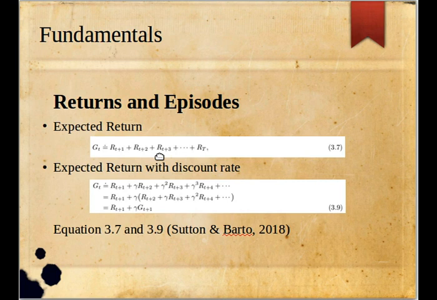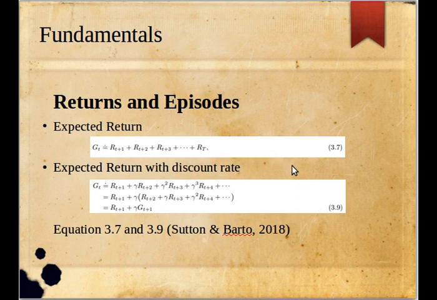If we denote reward with R, the sequence of rewards received after time step t is denoted R subscript t plus 1, R subscript t plus 2, R subscript t plus 3, and so forth. Then, what precise aspect of this sequence do we wish to maximize? In general, we seek to maximize the expected return, where the return, denoted G_t, is defined as some specific function of the reward sequence.